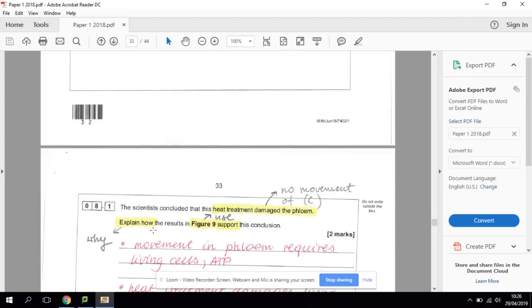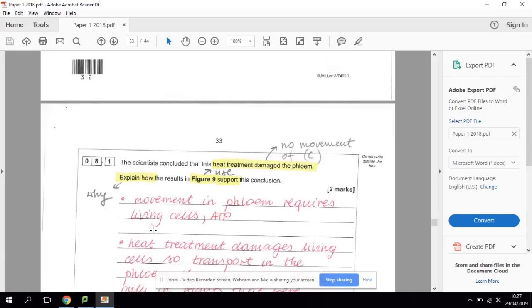So looking at the question, the scientists conclude that this heat treatment damaged the phloem. So that's the conclusion. Okay, so that means that there is no movement of this carbon. We discussed carbon, it's to do with the phloem, and explain how. So using your biological knowledge, the results in figure 9 support this conclusion. So here you write nothing else than about this conclusion.